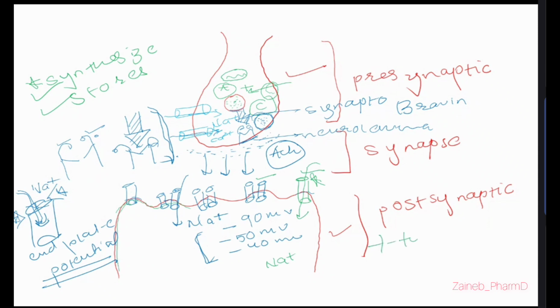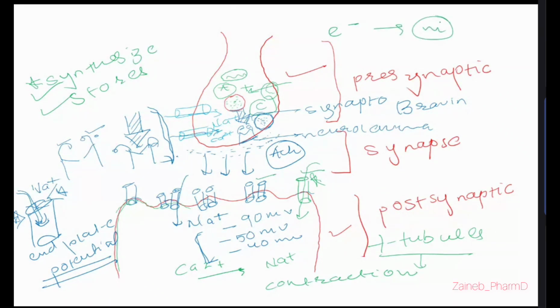It goes into the T tubules, and calcium is released into the cytosol, and it leads to the contraction of the muscle, and the actin and the myosin sliding. So here we can see that the electrical energy is being converted to mechanical energy.